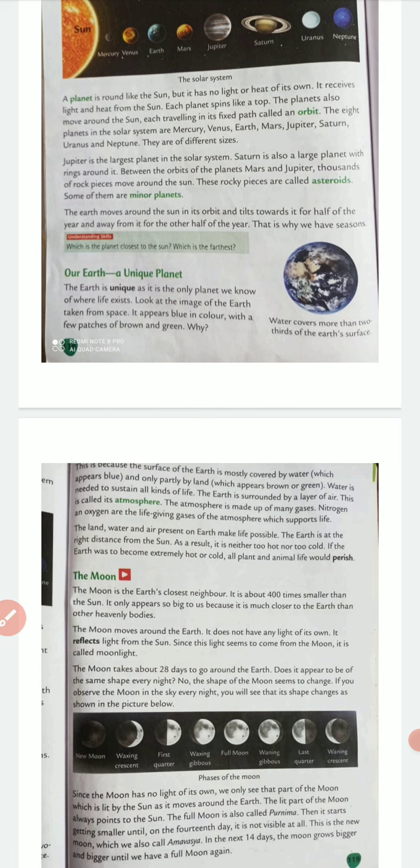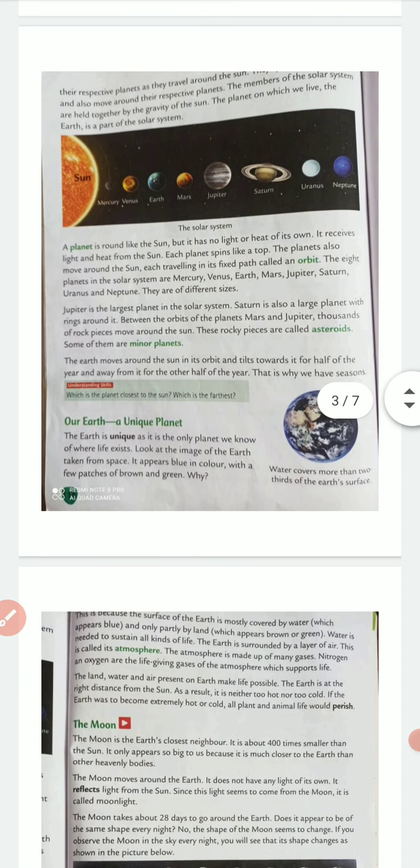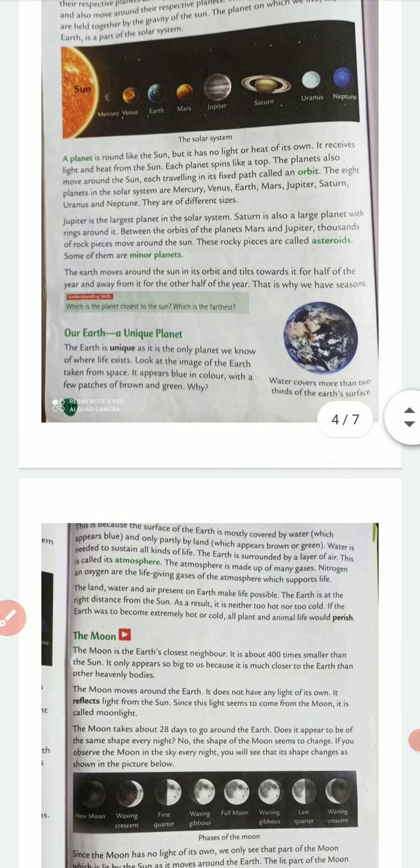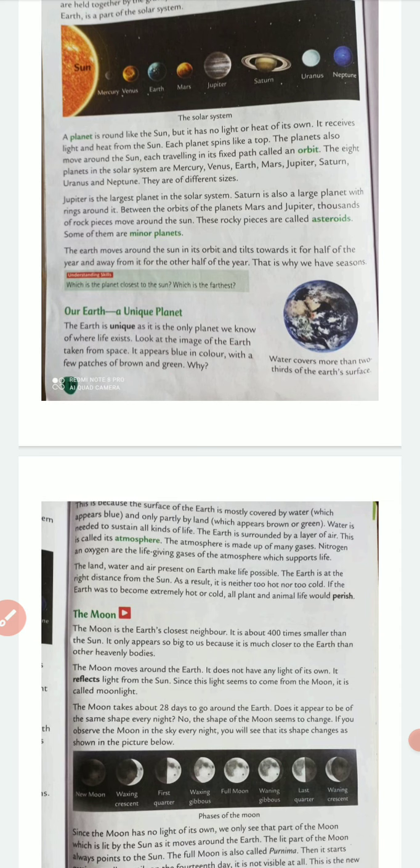As a result, it is neither too hot nor too cold. If the Earth were to become extremely hot or cold, all the plants and animals would have perished. The position of the Earth from the Sun is perfect for life to exist.